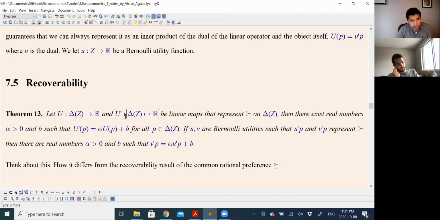So this is, of course, showcased in this Theorem 13. Take the utility U and then take U prime. Both are representations of the same preferences. Now, it actually happens that they both have to be related by a constant alpha, which is positive, and a constant beta, such that U prime of P is equal to alpha times U of P plus beta, okay?